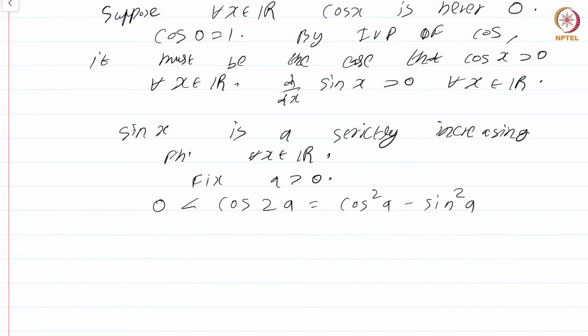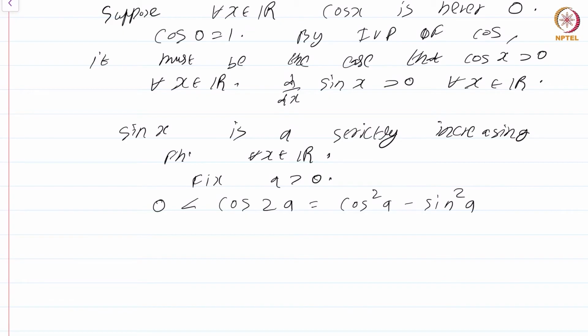Now, because sine is strictly increasing for all x greater than 0, cos must be strictly decreasing for all x greater than 0, because cos squared x plus sin squared x is equal to 1. Keep that in mind for the moment.